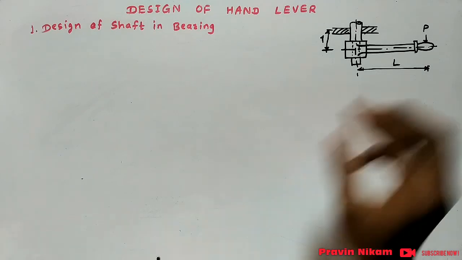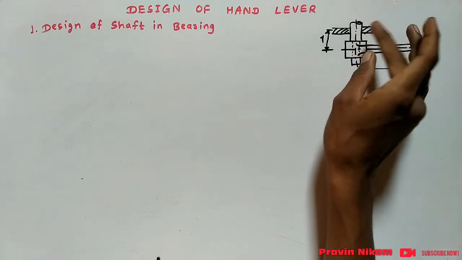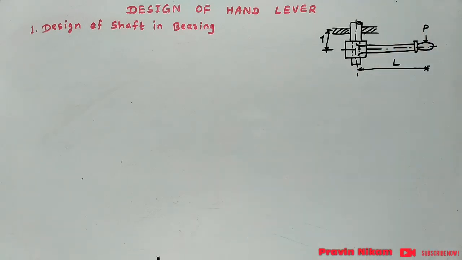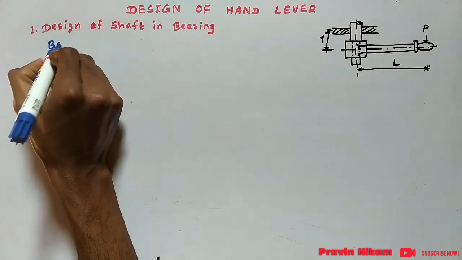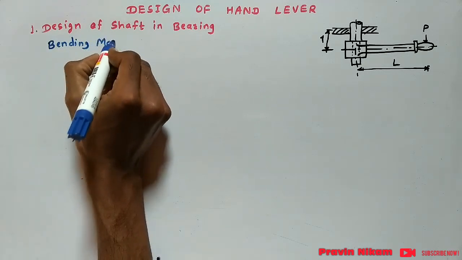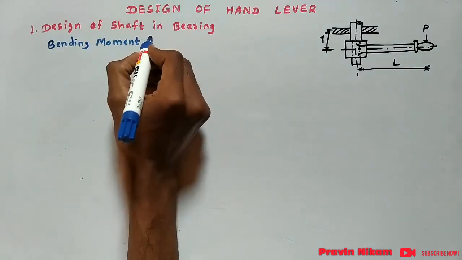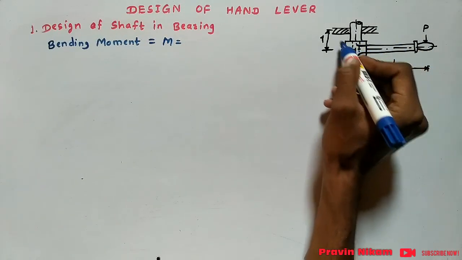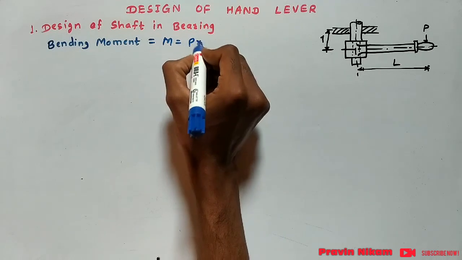On this shaft, bending moment and twisting moment will act. So how to design the shaft in bearing? We know that the bending moment M is equal to P into overhang length small l.